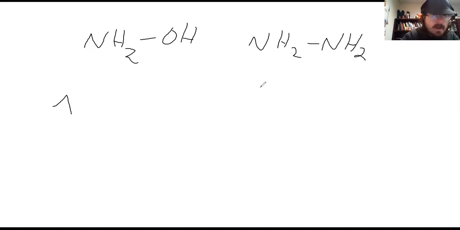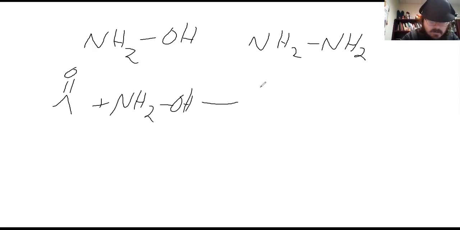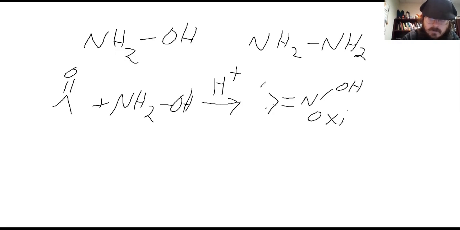When we add a NH2R to form a substituted amine, the same premise. In the presence of acid, a hydroxylamine will form what's called an oxime. An oxime being an amine substituted with an alcohol. I know, that's weird.